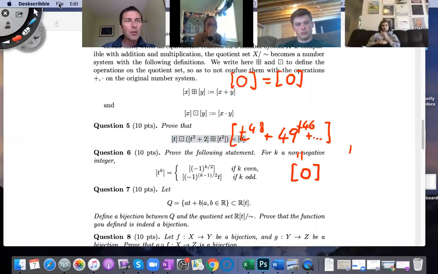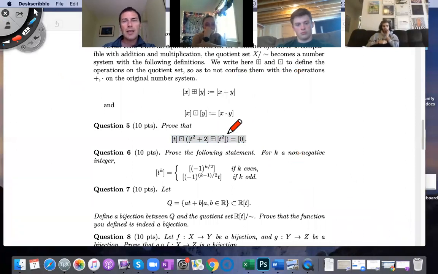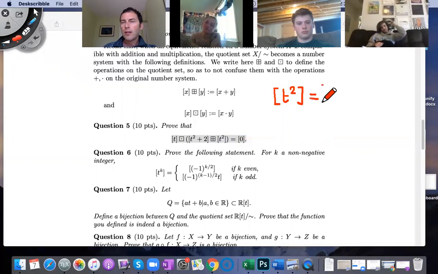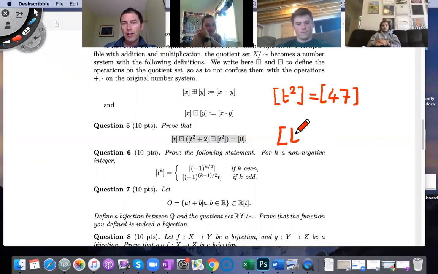Say that you showed that t squared is equal to 47 for some reason. This is not true, but imagine you showed this. Then t to the 4th is t squared times t squared.